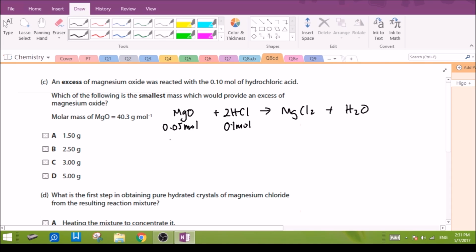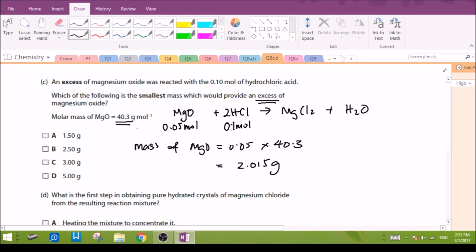To find out the mass, we will take the moles multiplied by the molar mass given over here. That will give us 2.015 grams. So which of the following will provide an excess?